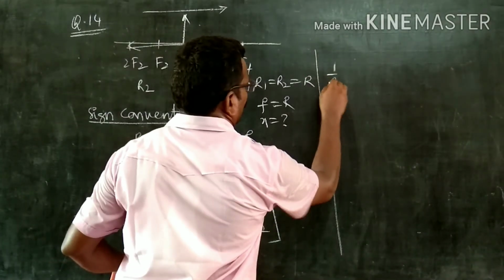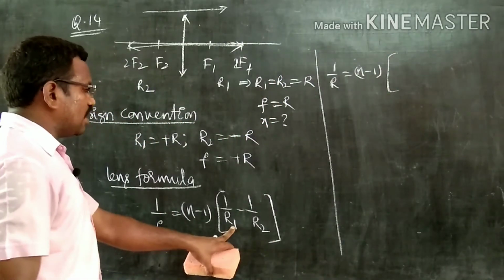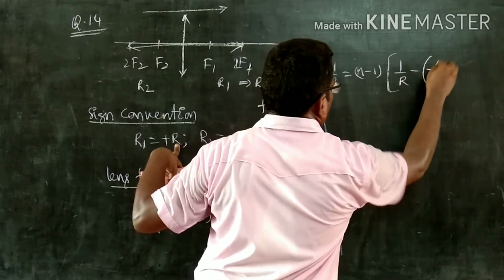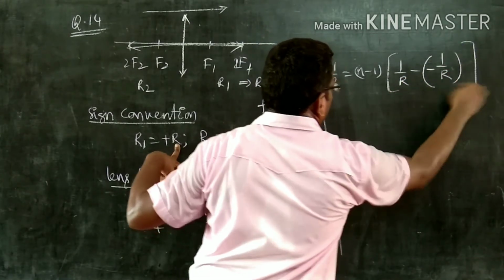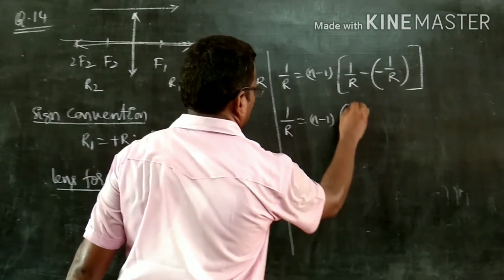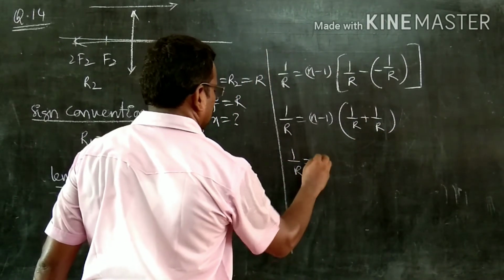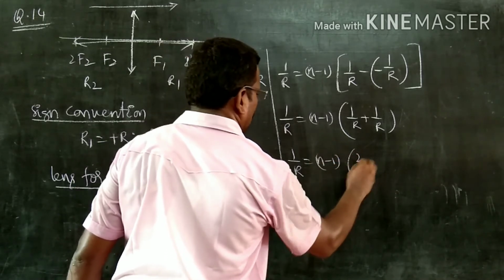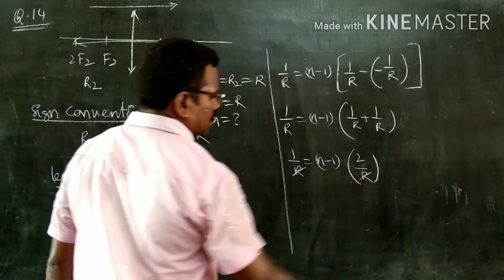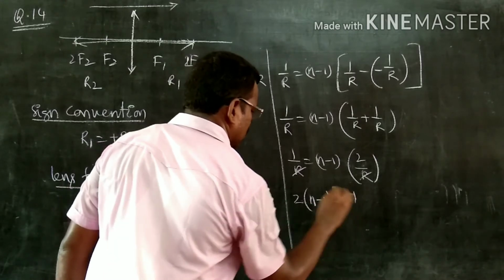R. So 1 by R is equal to (n minus 1) of, instead of R1 we write plus R, so that is 1 by R minus of minus 1 by R. Next step: 1 by R is equal to (n minus 1) of (1 by R plus 1 by R). Next step: 1 by R is equal to (n minus 1) of 2 by R. The denominator R is there on both sides, so it gets cancelled. What is left now? 2 of (n minus 1) is equal to 1.